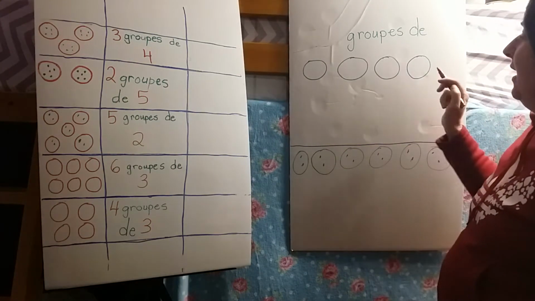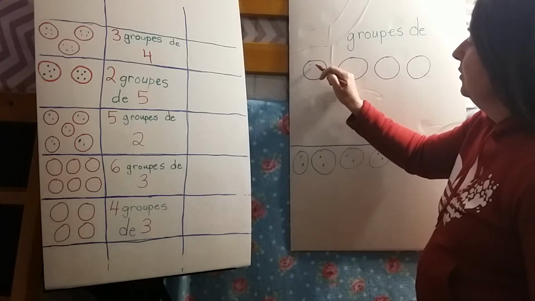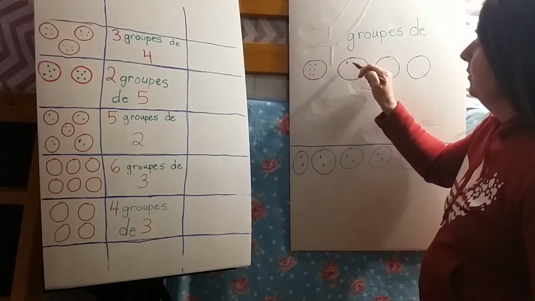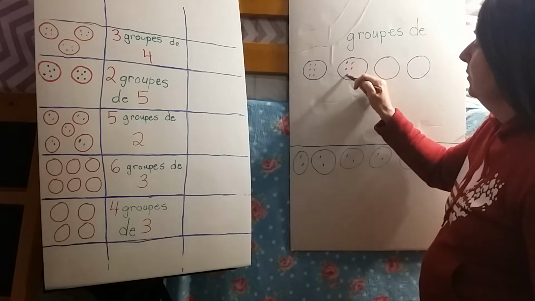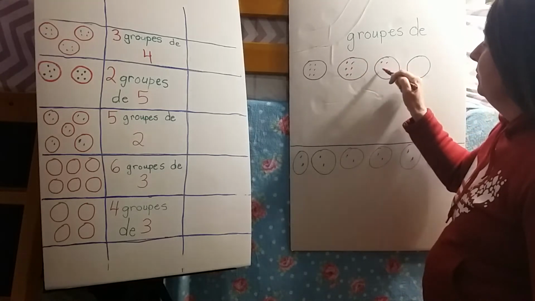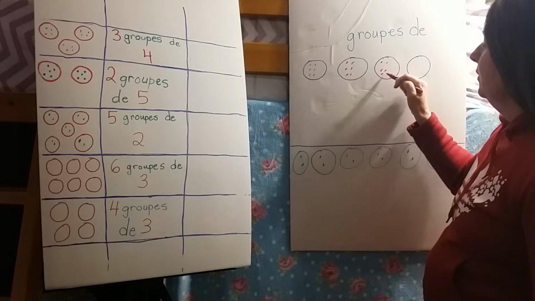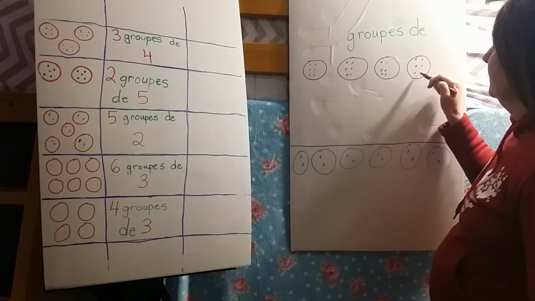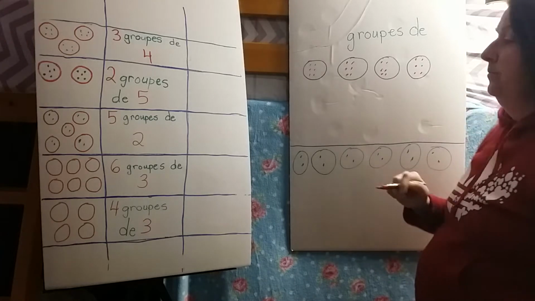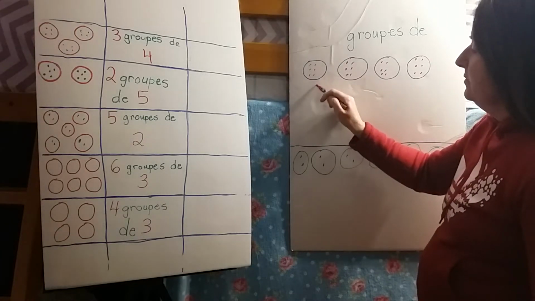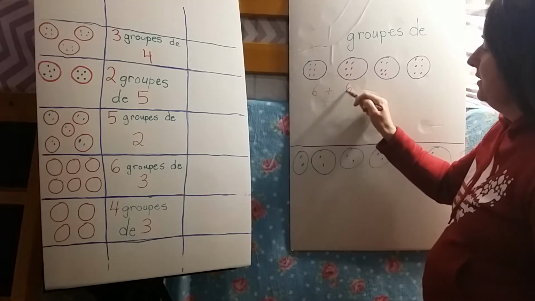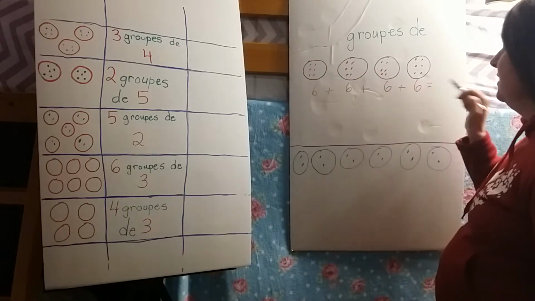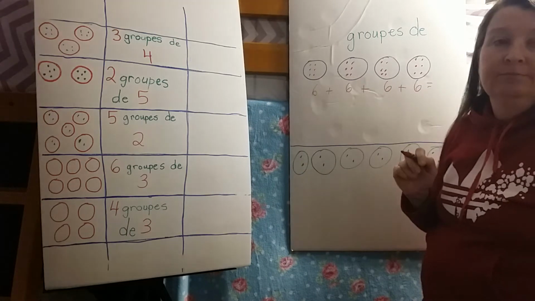If we have four groups of 6, we were writing 6 plus 6 plus 6 plus 6 equals to get the total.